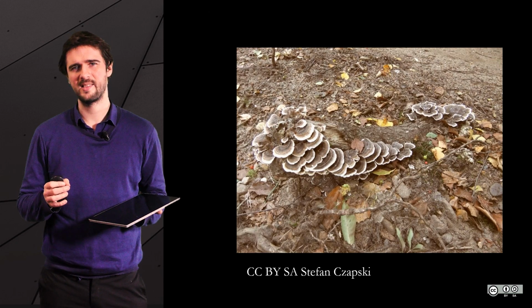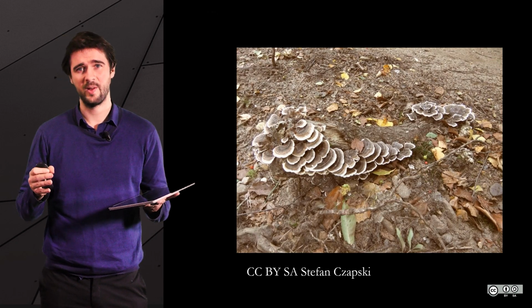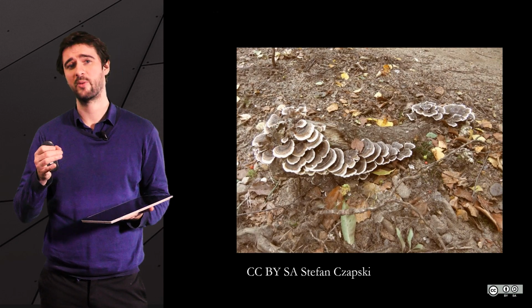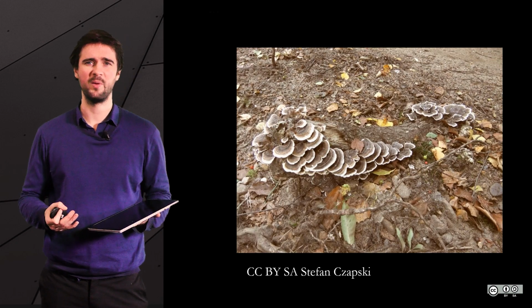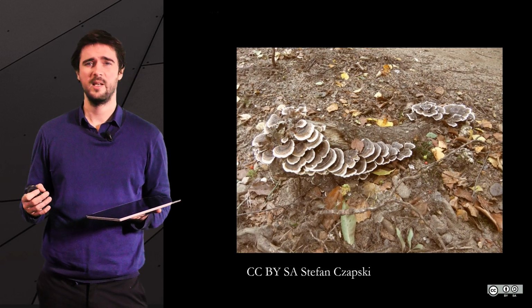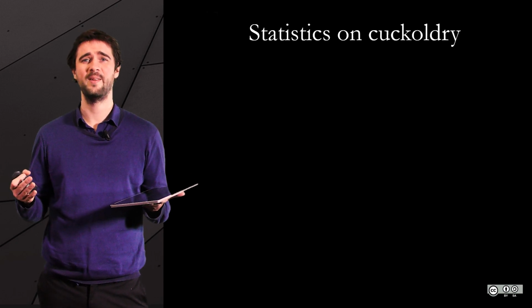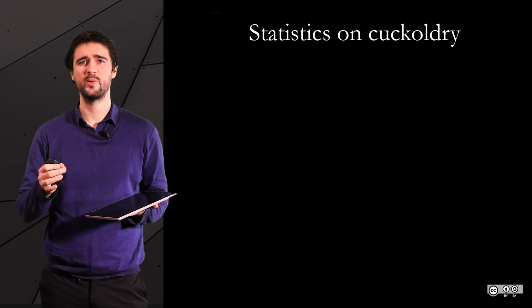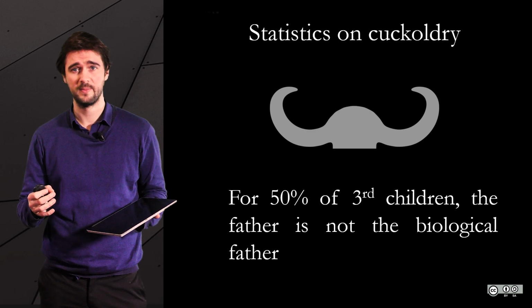So sampling bias occurs when you try to make a generalization out of a sample that was not constituted in a rigorous fashion. Let me give you another example based on data this time. It is common to read that people cheat so much in relationships that a very important proportion of fathers are not the real biological fathers of the child.